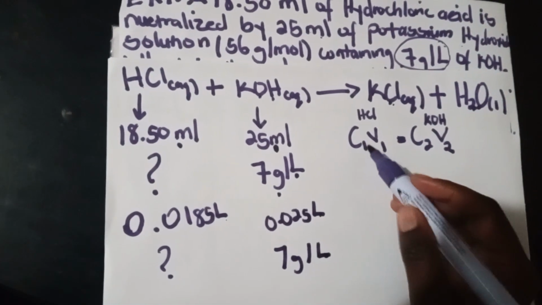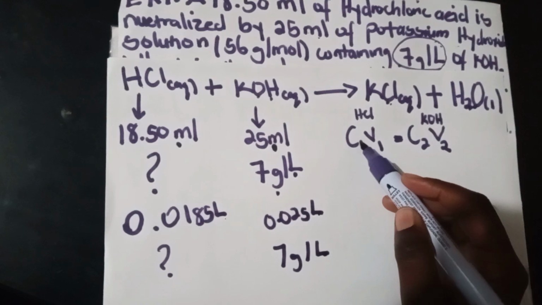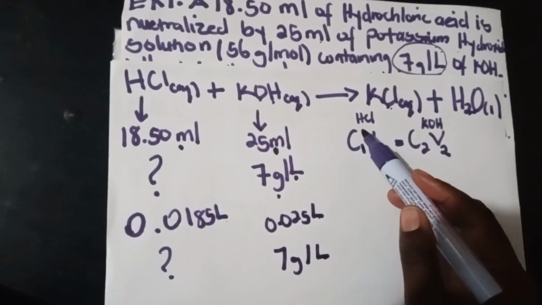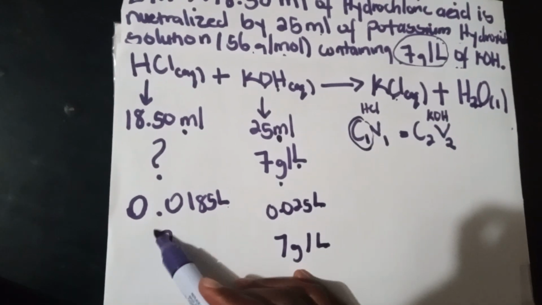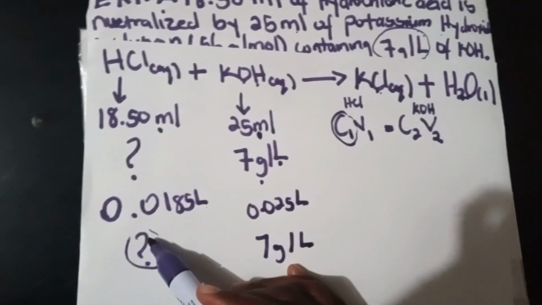So C1, which is our initial concentration of HCl, we do not have it, it is what we are looking for.